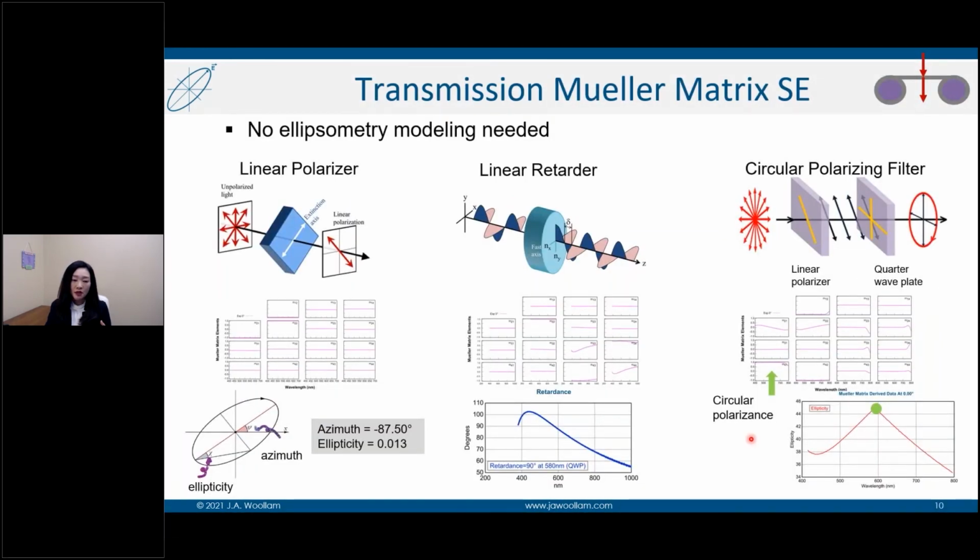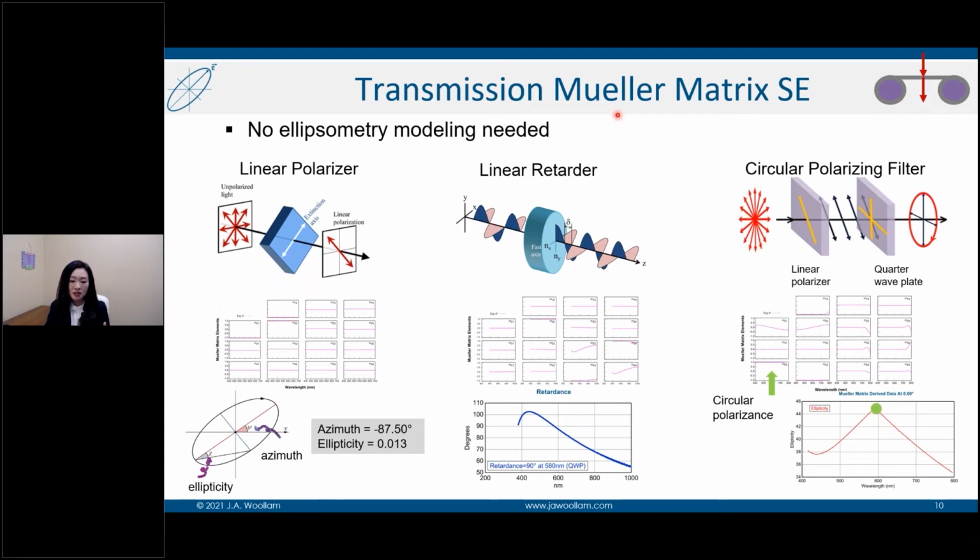Transmission mode ellipsometry, specifically Mueller matrix spectroscopic ellipsometry, becomes more and more popular these days. Since we measure the polarizing effect of a sample, typically this Mueller matrix, the transmission mode data analysis does not require complex modeling.